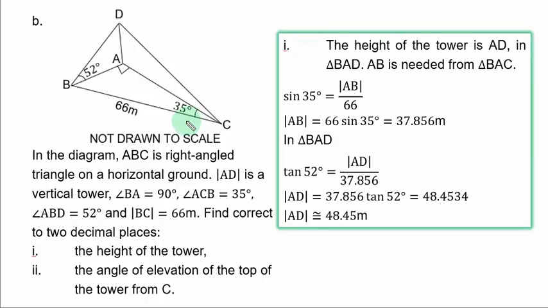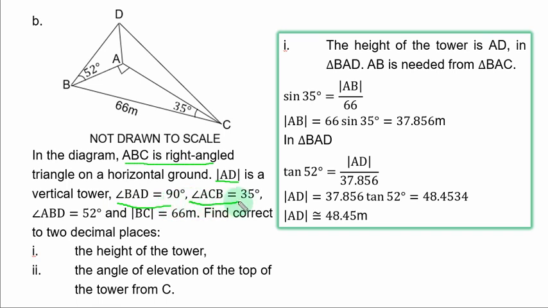Question 8b. In the diagram, ABC is a right-angled triangle on a horizontal ground. AD is a vertical tower. Angle BAD is equal to 90 degrees.